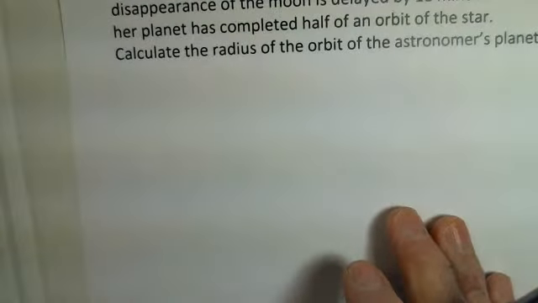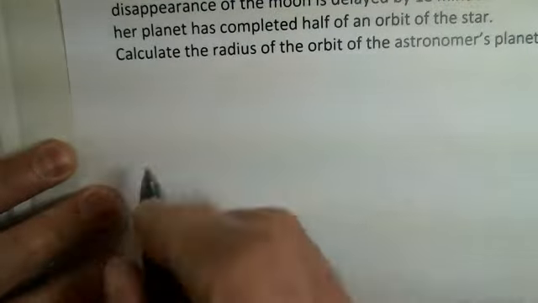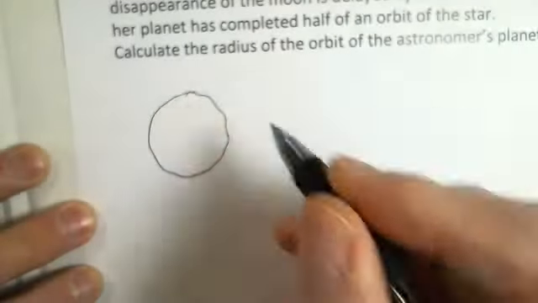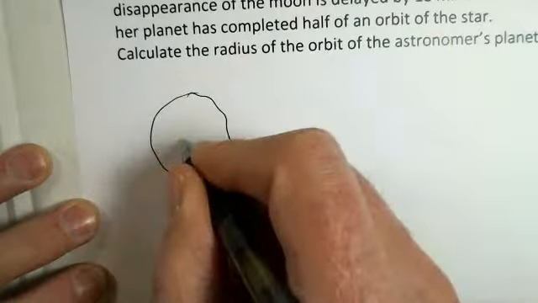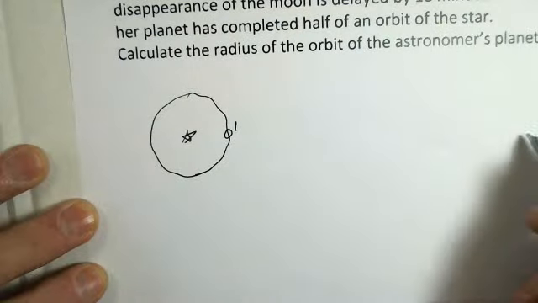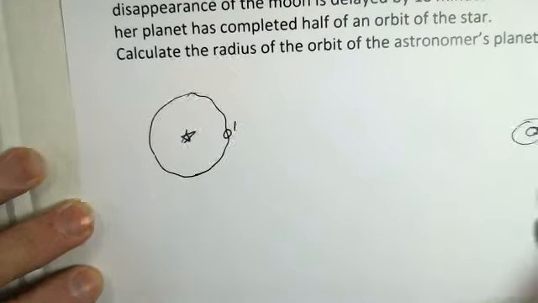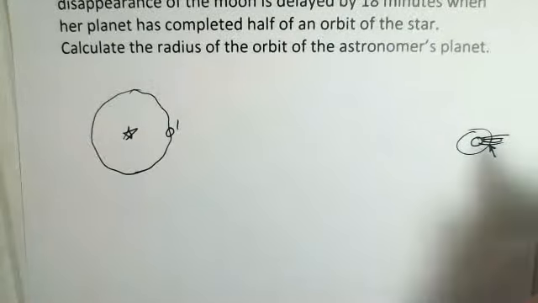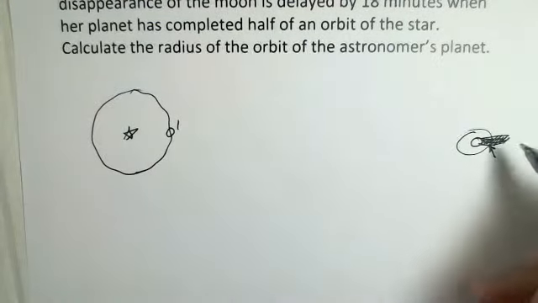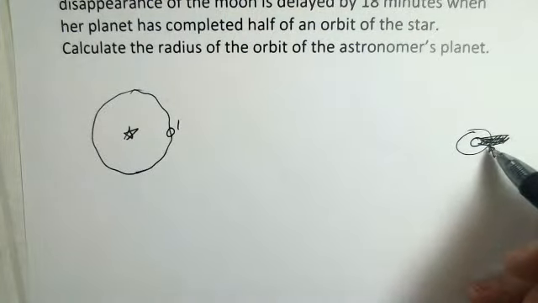So I'll try to make somewhat of a sketch of what's happening here, not to scale, but here's the orbit for the astronomer's planet around the central star. We're going to first observe the situation of this distant planet, and there's a moon going around, and that distant moon is moving into the shadow cast by that distant planet, and that's the timing that we're interested in.